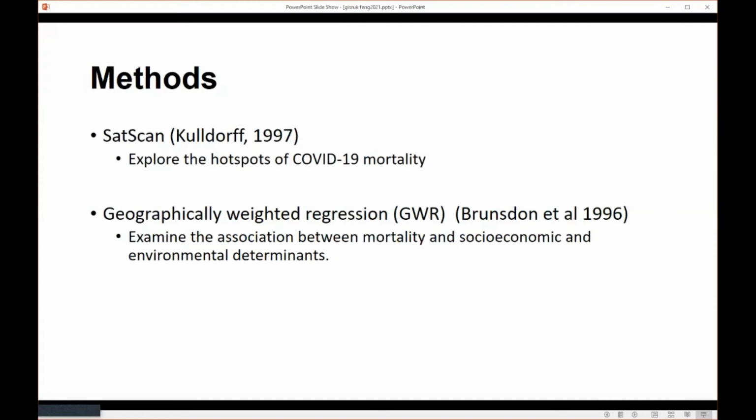For the regression analysis, we use geographically weighted regression, which was developed in the middle 1990s. We use this method to examine the association between mortality and socioeconomic and environmental determinants. This method allows us to examine whether or not the relationship varies across locations.